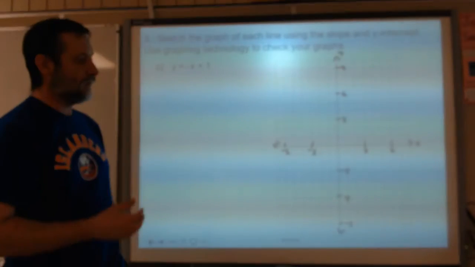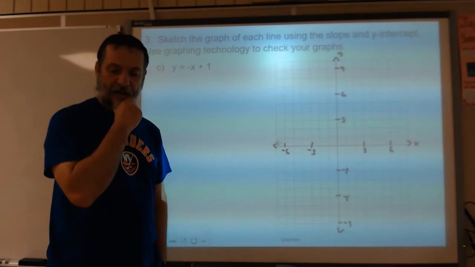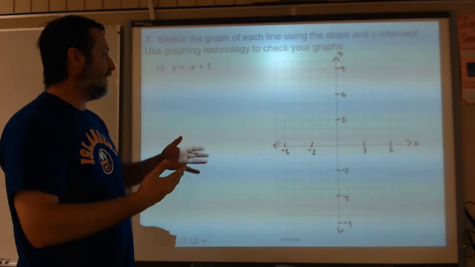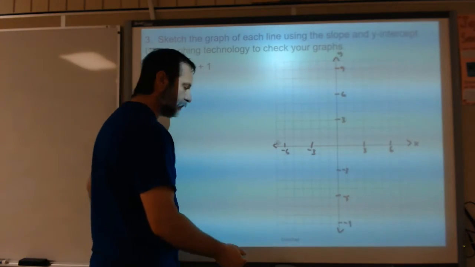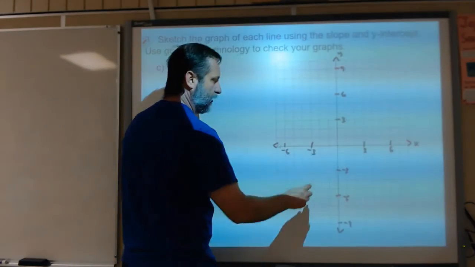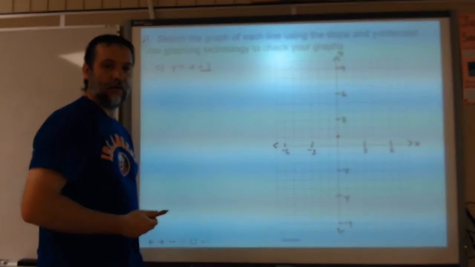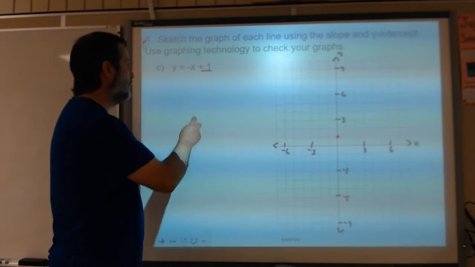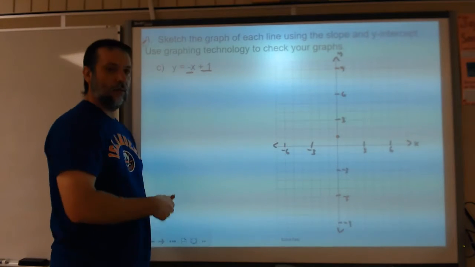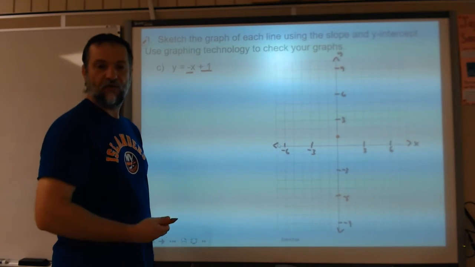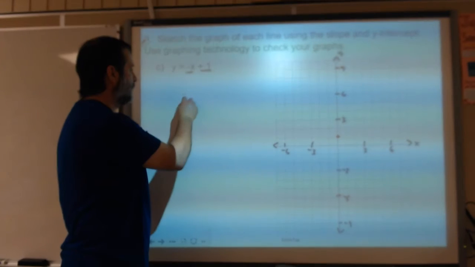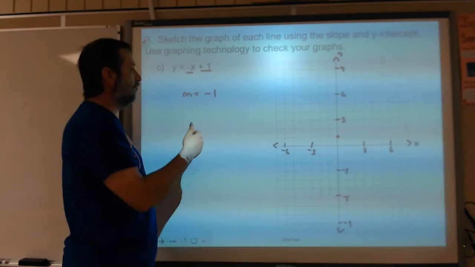So I have a properly labeled graph ready to go. Now I've just got to graph y = -x + 1. My first point, of course, is the y-intercept, the plus 1. Now my slope of negative x. Again, we've got to remember that there's always a coefficient of 1 there. So that's actually negative 1.